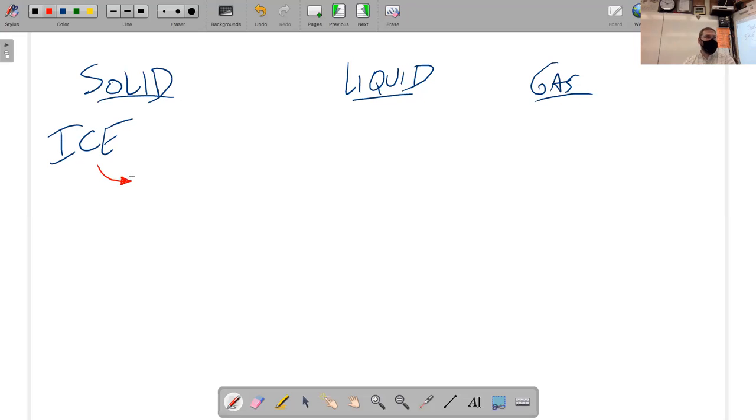Yeah, icebergs. Do you know where icebergs come from? They break off of glaciers. So if they come from land, are they freshwater or saltwater? They're fresh. Yes. So icebergs are fresh.